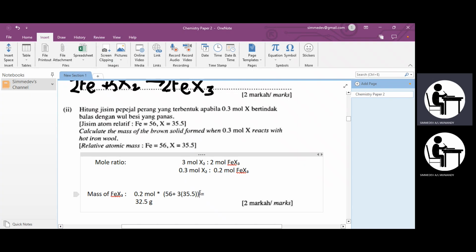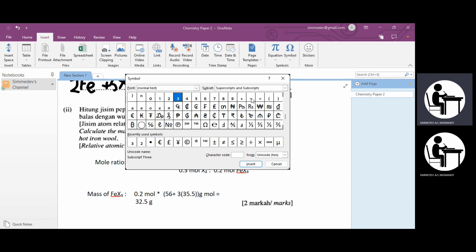Over here you could put your symbols. If you insist on putting your symbols during your working, then make it clear for the examiner who is going to be examining your papers. I still can't make this a superscript or whatever it is. Let me try. How do I make this? Insert. It's not working.